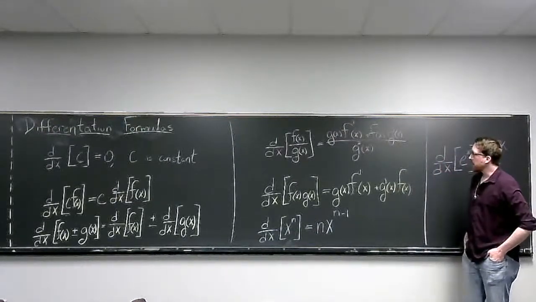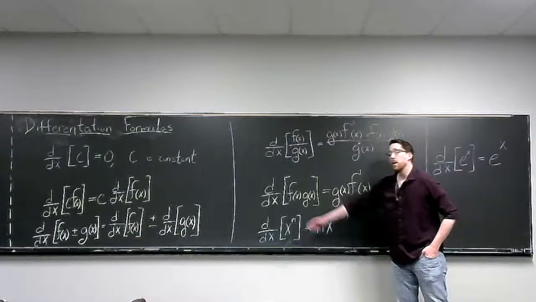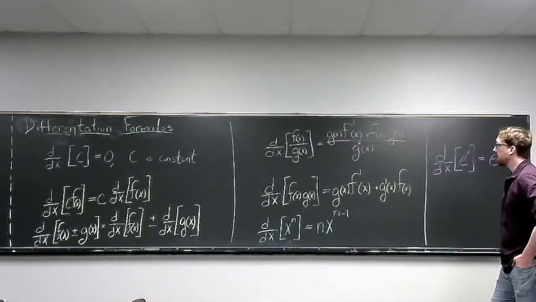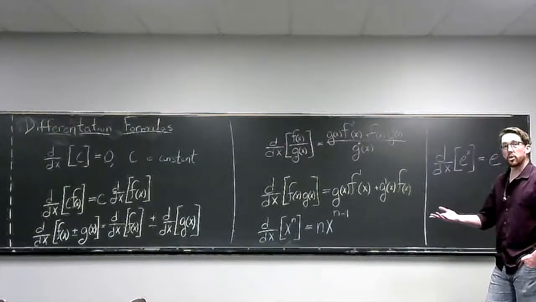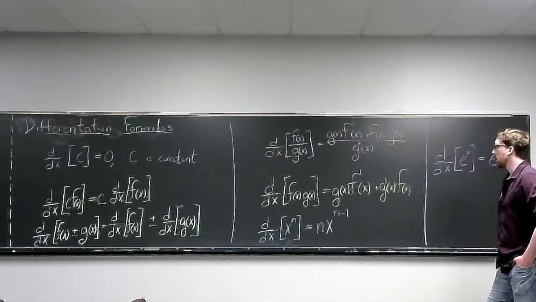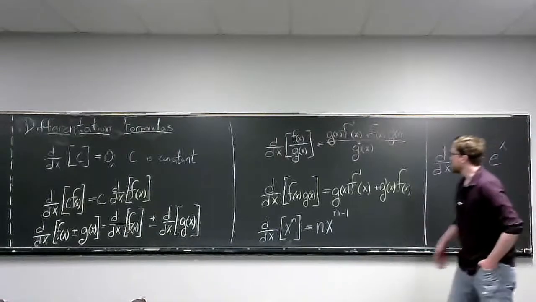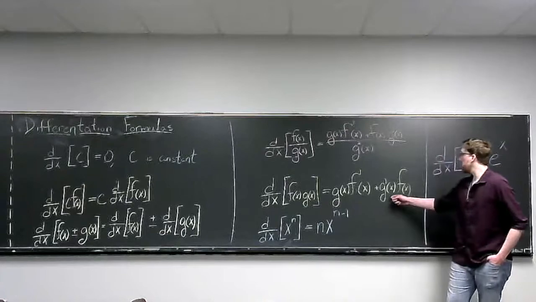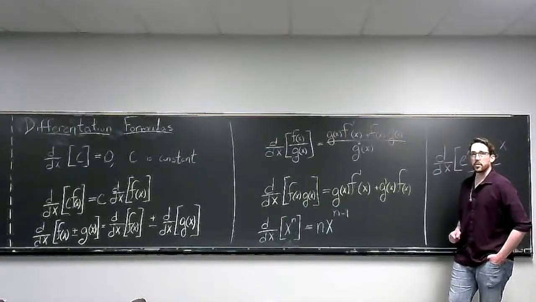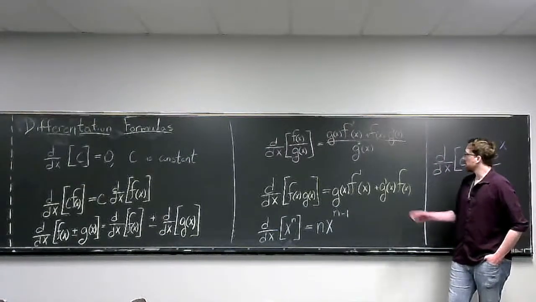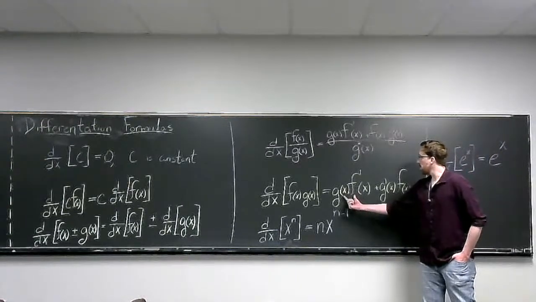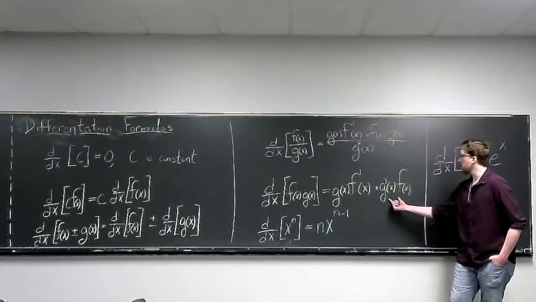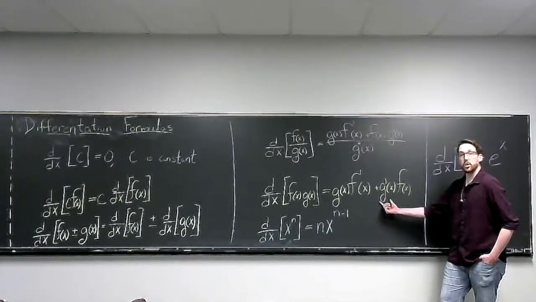Having said that, the next rule to talk about is the derivative of the product of two functions, d dx of f times g of x. That comes out to be equal to g times f prime of x plus g prime times f of x. Notice in that first term, we're only taking the derivative of f, and in the second term, we're only taking the derivative of g.